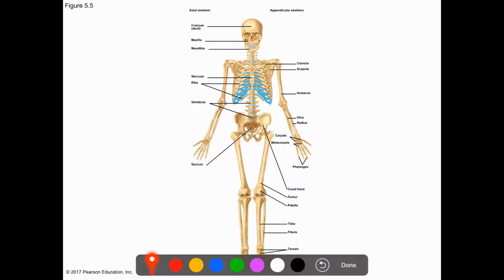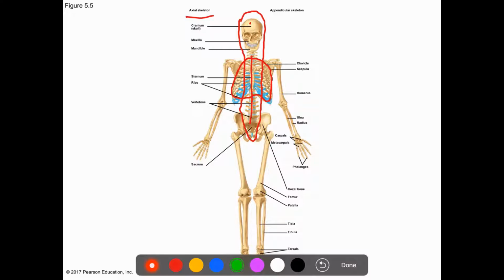Now, for the skeleton itself, we have two types. We have the axial skeleton, which is around the midline of the body. So we are talking about the skull, the vertebral column, and the thoracic cage. These are the parts of the axial skeleton.